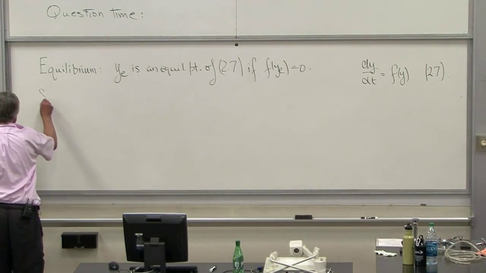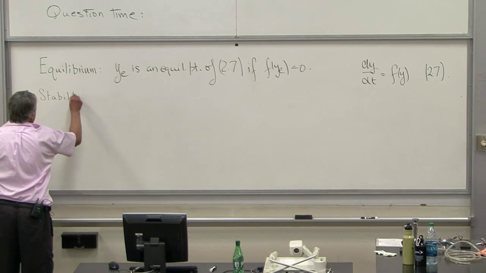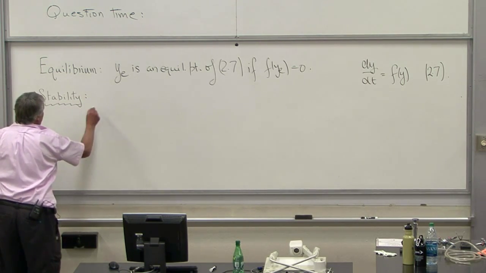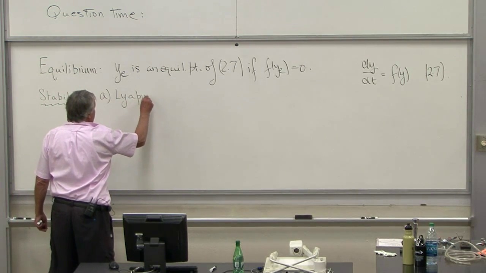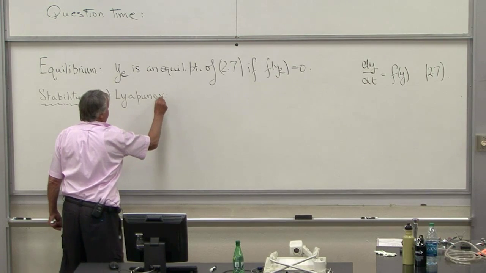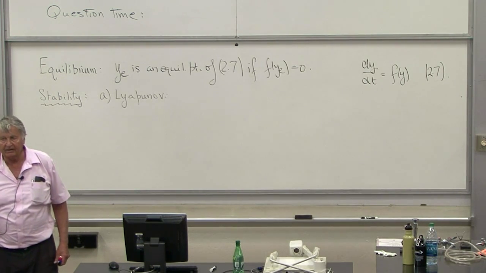Stability. First, I'm going to give you what is known as Lyapunov stability. Lyapunov was a Russian mathematician. Now, the idea is this. The first kind of stability we're going to talk about is a weaker form.